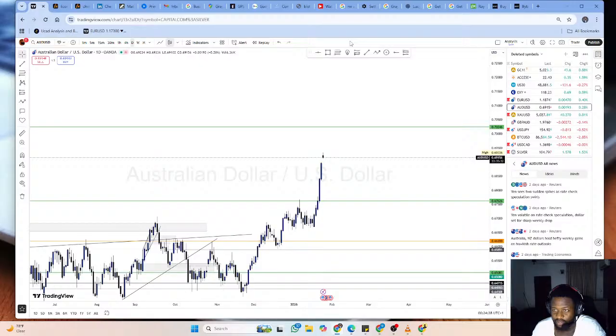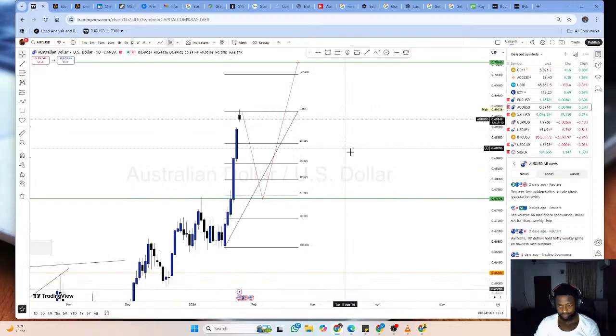Whoa, it's looking juicy. I wish the dollar would just do some recovery so that it gives me some of this retracement and I can start trading some of these pairs.